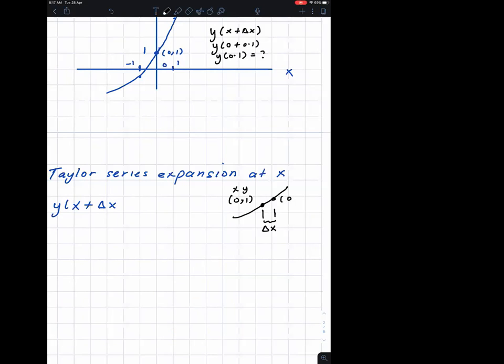So delta x is 0.1. Then what's the y value? You're going to find that using the Taylor series expansion.